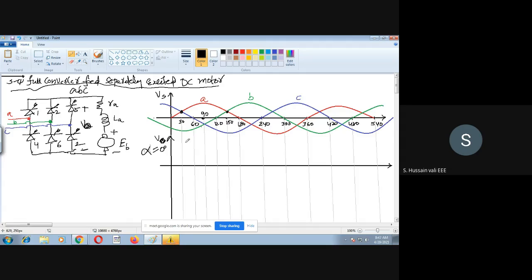For this firing angle, from 30 to 90 the highest is A and the lowest is B. So you will get something like this, from 30 to 90. You will get VAB. Similarly, from 90 to 150 is another duration.